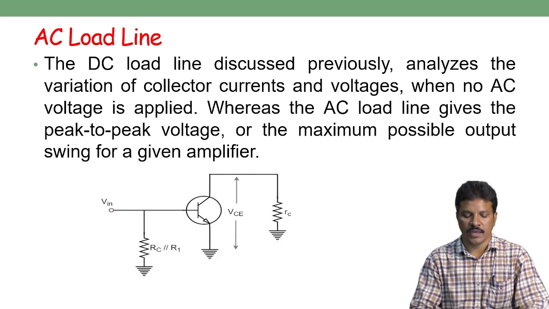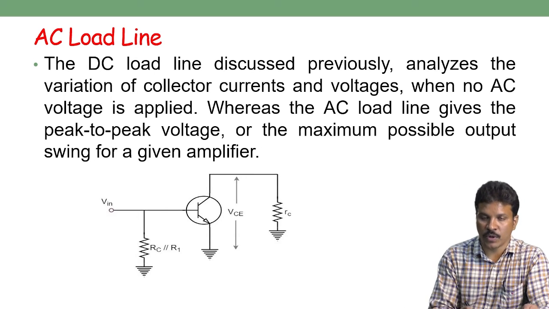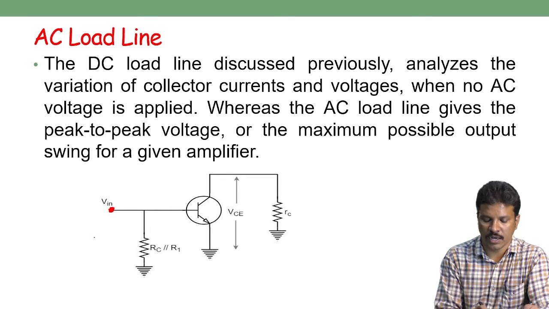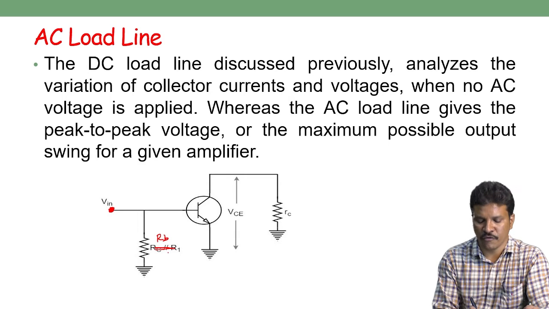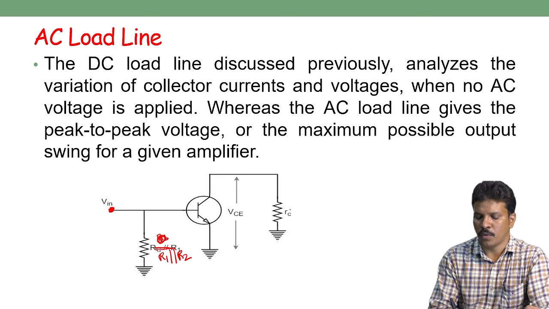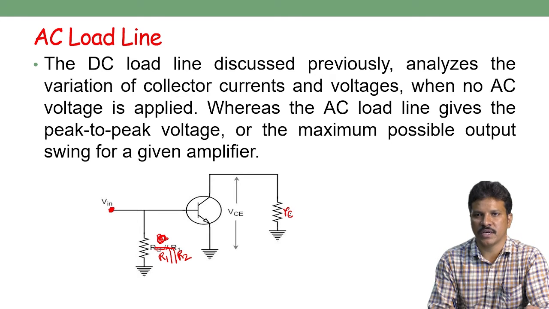If you take the simplified amplifier circuit by providing the input signal and the bias resistor, if it is a single resistor, it will be treated as only a single resistor like RB, or if we connect different biasing networks like R1 parallel with R2, then we can take that R1 parallel with R2. The output resistor, if it is only single, has a single resistance RC.